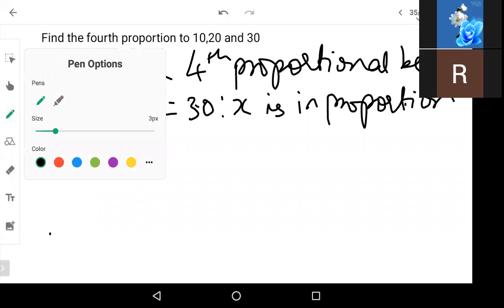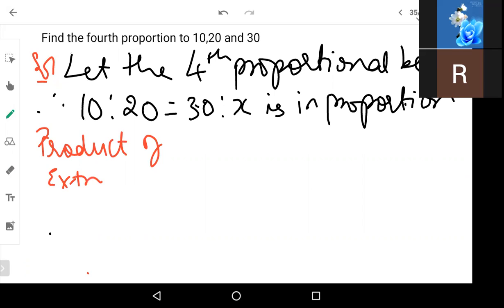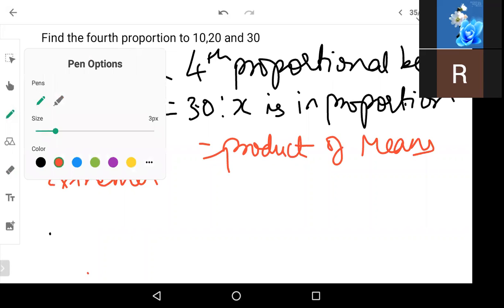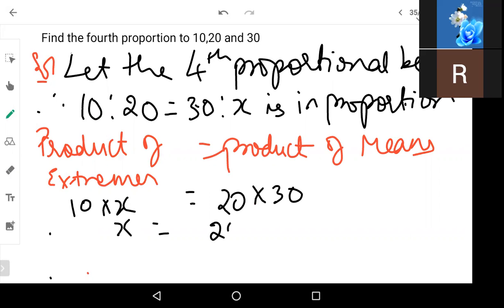So write the formula. Product of extremes is equal to product of means. So product of extremes is 10 into x is equal to 20 into 30. So x is equal to 20 into 30 by 10. So x is equal to 60.